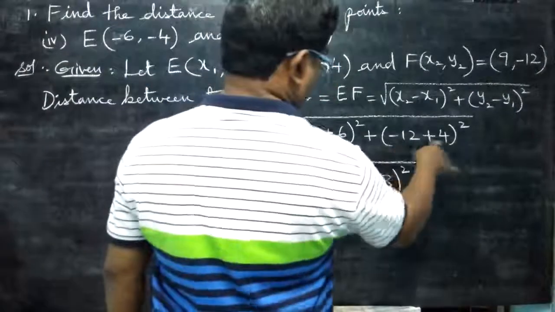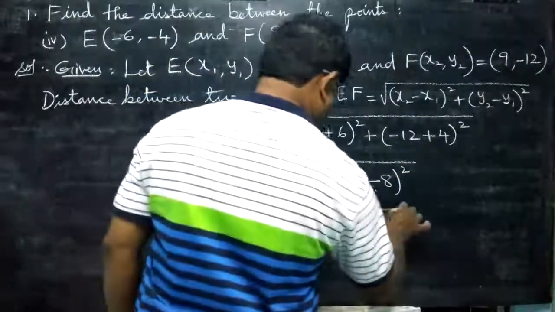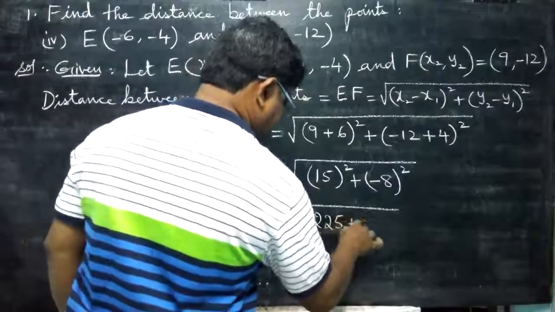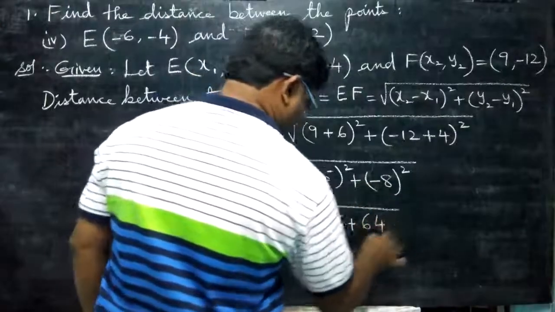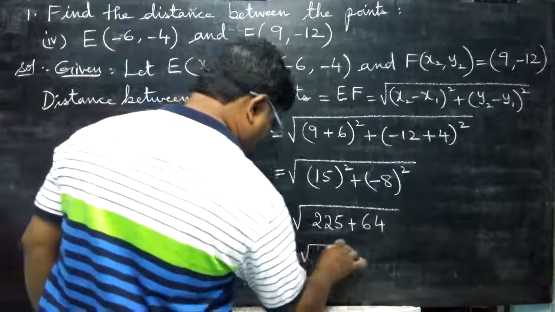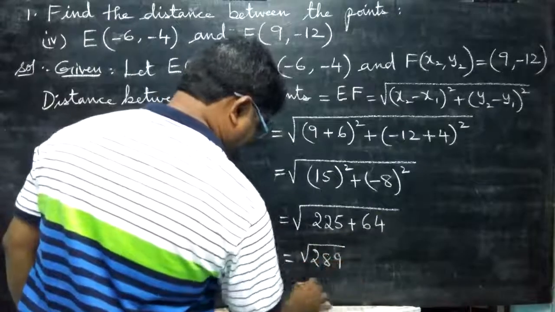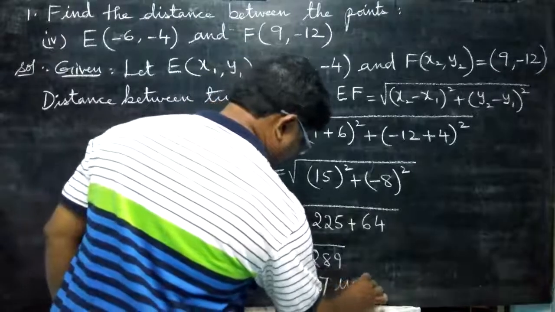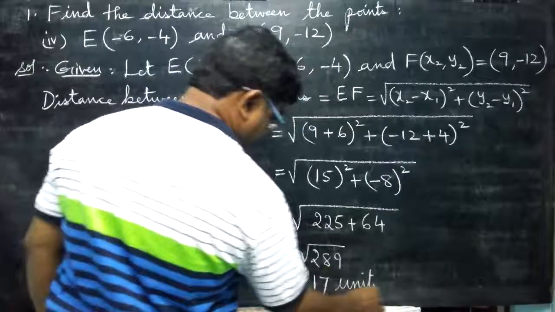Because minus is more and opposite signs we subtract. 15 15s are 225 plus 8 8s are 64. That is equal to square root of add, 289. 17 17s are 289. So the square root of 289 is 17 units.